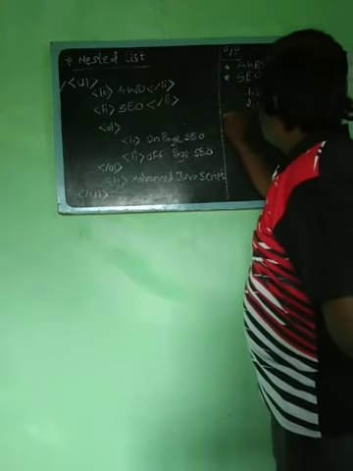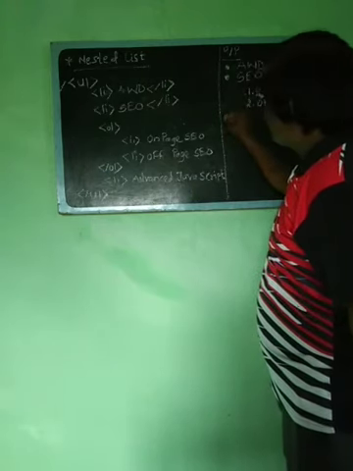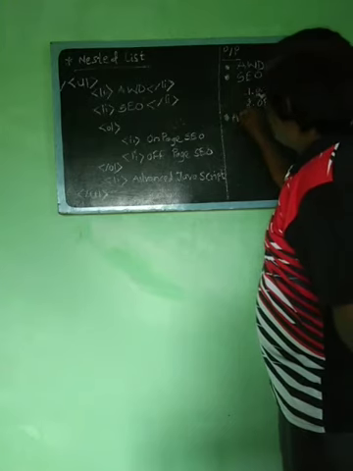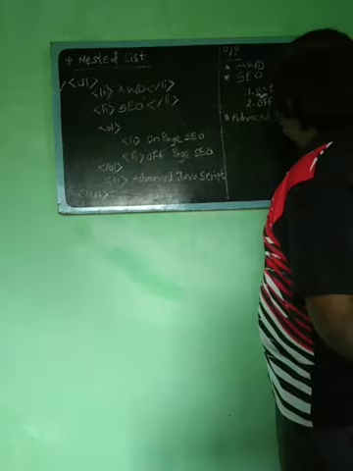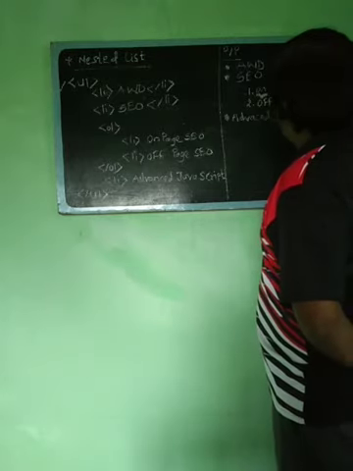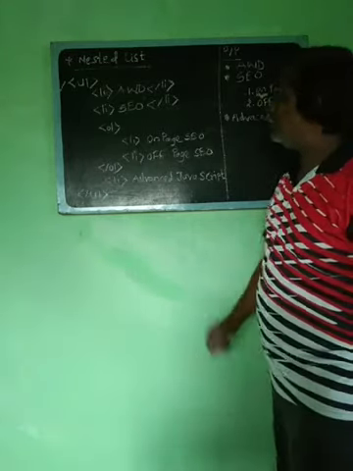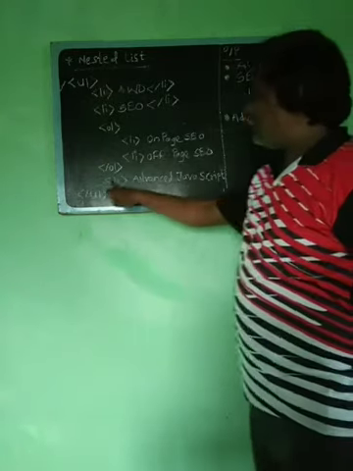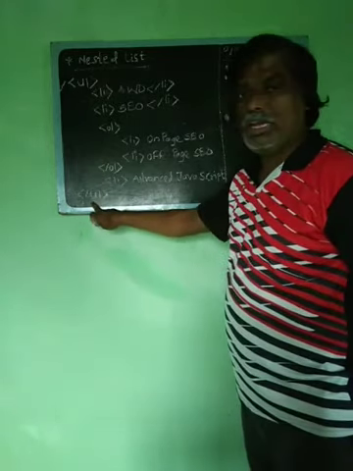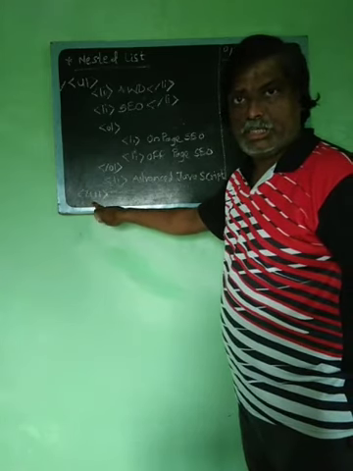So again in the form of a disc we get advanced JavaScript. This is your output, because here this UL also ends.